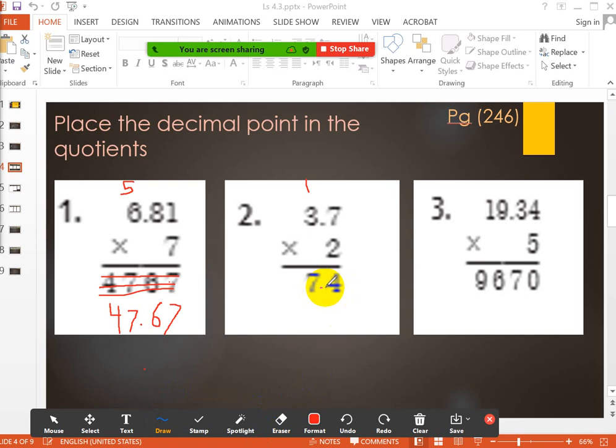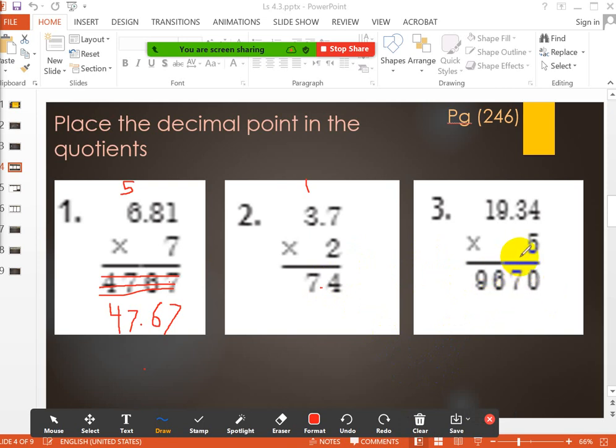Now what about number 3? I want to multiply 19.34, hundredths, with 5. Okay, let's start.